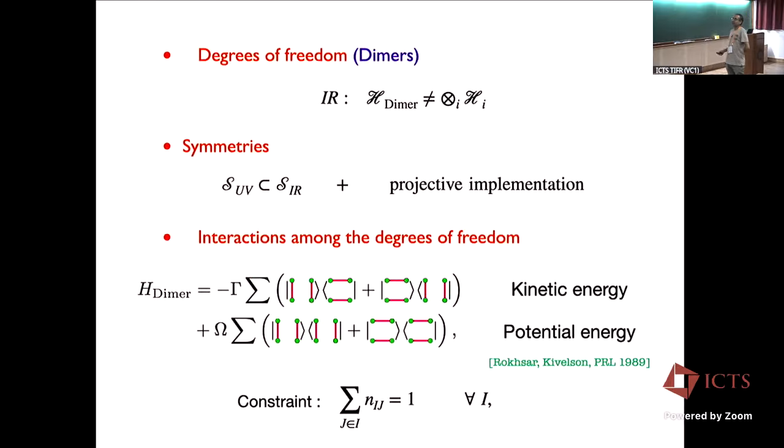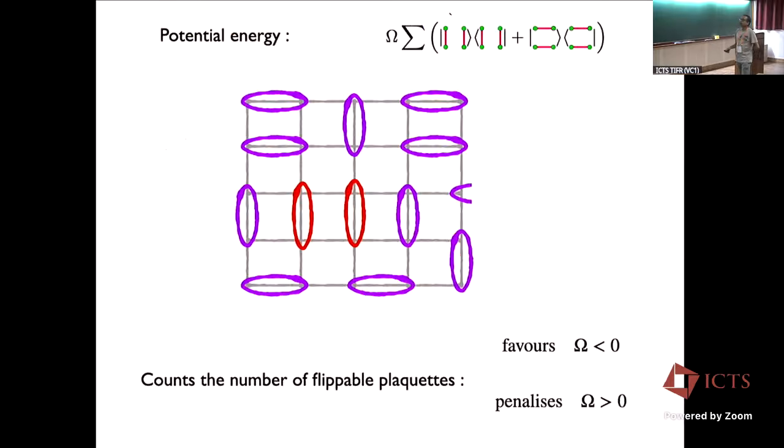So these Hamiltonians were written quite early in the late 80s in the context of high Tc cuprate superconductivity by Rokhsar and Kivelson and various other people. And so again, just to point out, the potential energy term basically counts the number of dimers in a plaquette.